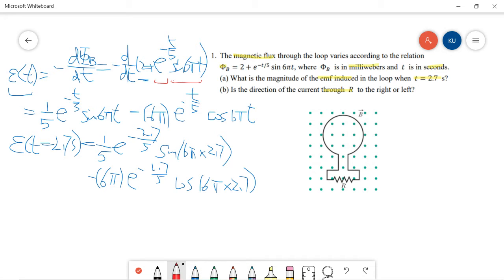One thing you need to take care of when you use the calculator for these terms is whether you use degree mode or radian mode. Actually, 6 pi times 2.7 is in radians, because we don't have something like 2.7 degrees; then it would be degrees. But here it is not that case, so this is an expression in radians.